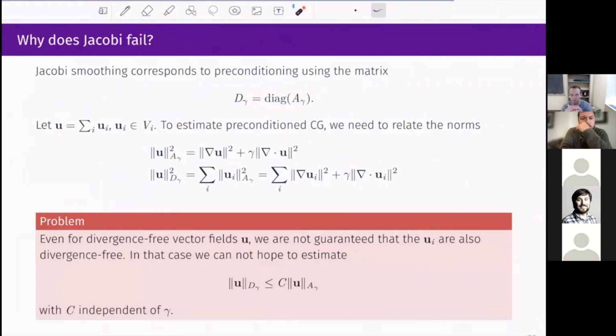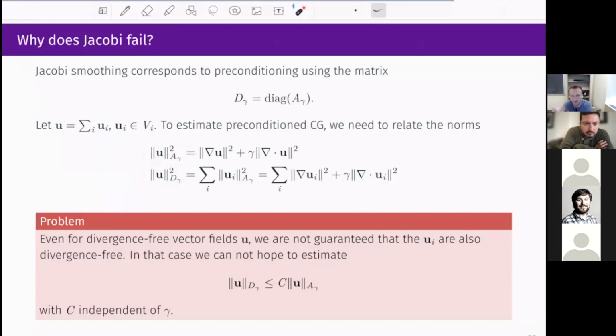And if you've done any preconditioning before, if you want to get an idea of how many iterations conjugate gradients or GMRES is going to need, you need to relate the norm induced by your matrix and the norm induced by your preconditioner to each other, right? You want to bound one by the other.